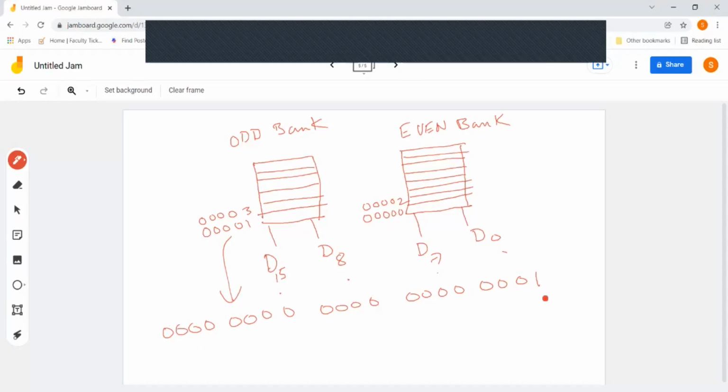When it is an odd address, this is the address A0 to A19. Every time the address is odd, the A0 bit will be 1. Every time the address is even, the A0 bit will be 0. So the A0 bit decides whether we are taking from the odd bank or even bank. So when we decide for the memory mapping, A0 should be connected for deciding which bank we are using.